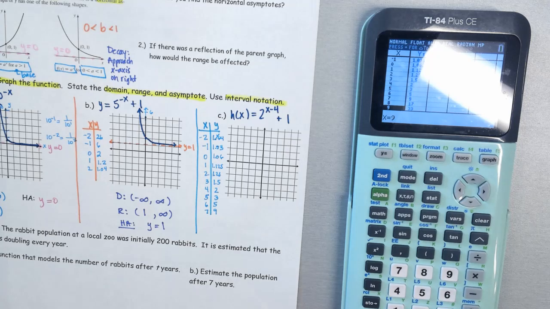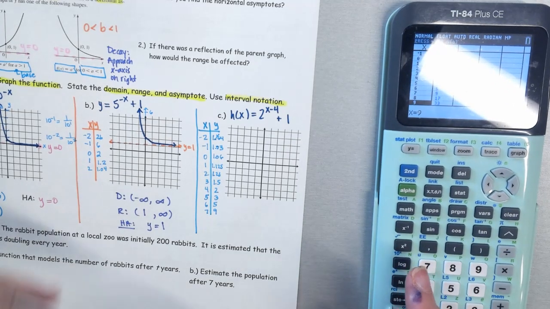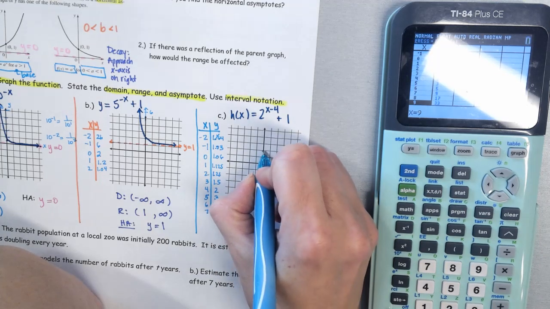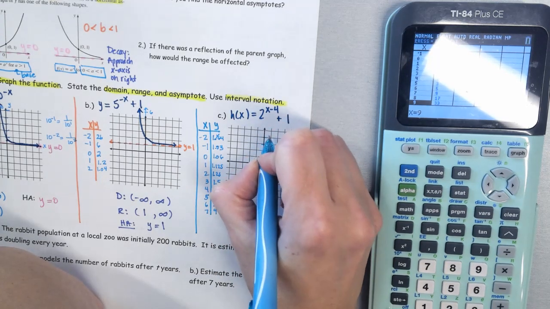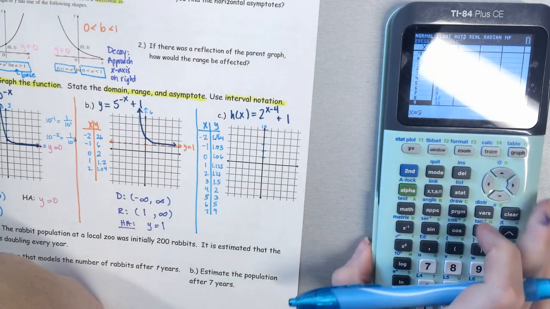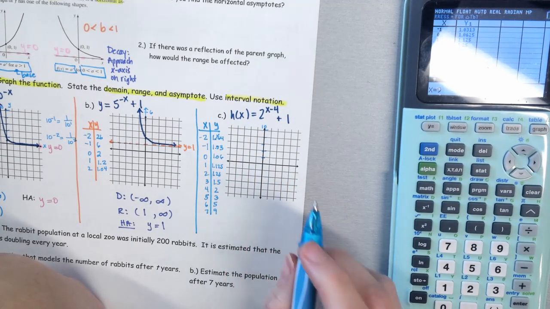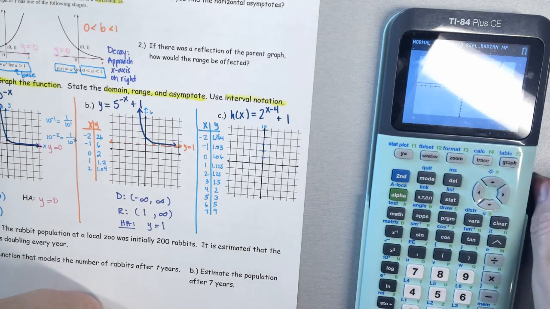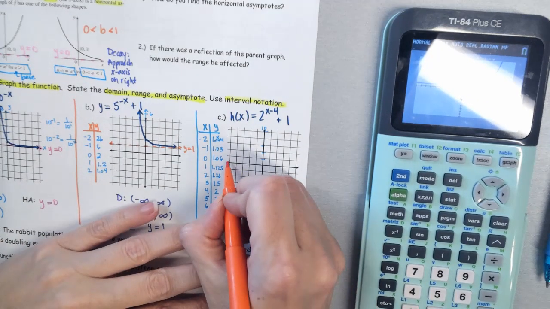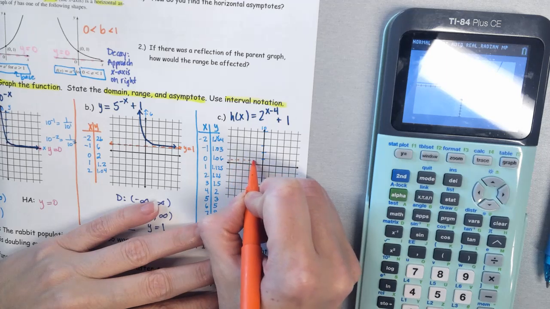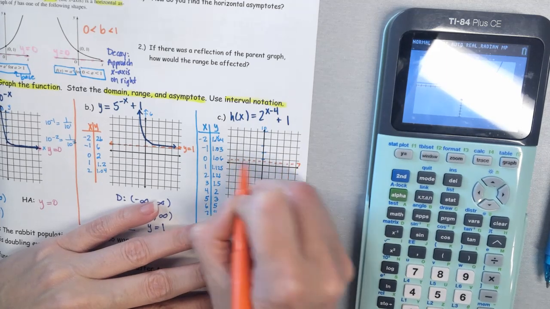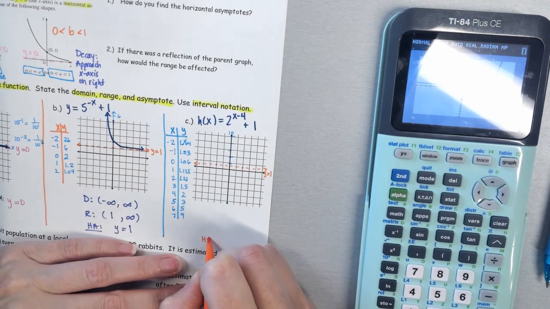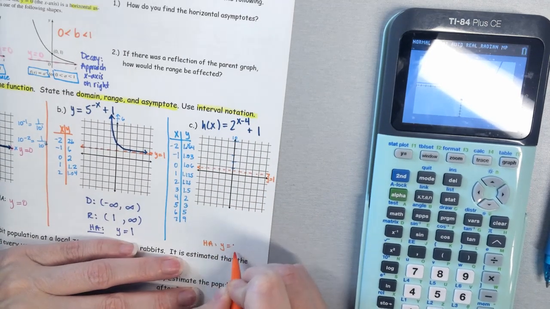Okay, so when you're doing this, let's go by 2's again. So 2, 4, 6, 8, 10. Okay, and then we can go by 1's on here. So you can see here it's going to 1. So if we went by 2's, we're just going to put this halfway in between. We're going to label it y equals 1. You can also just put that that's your horizontal asymptote.